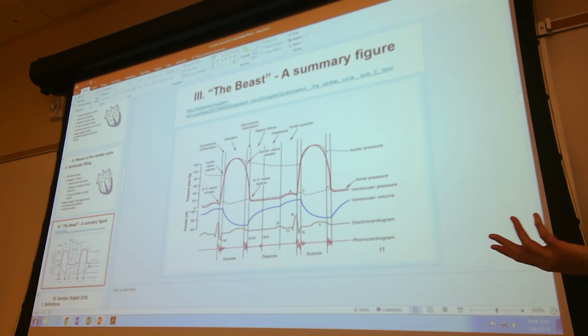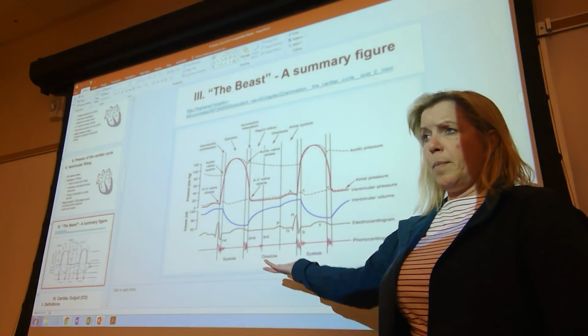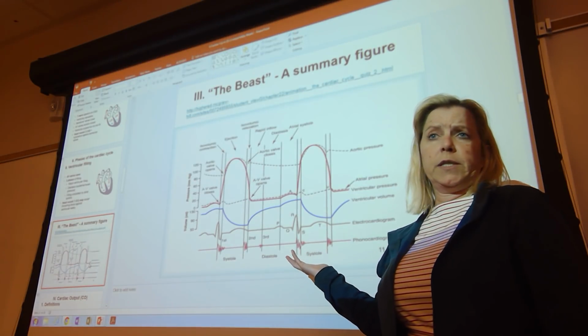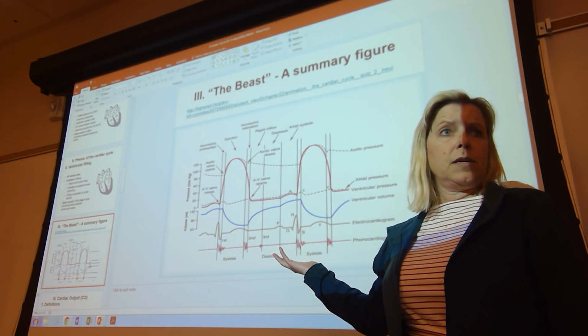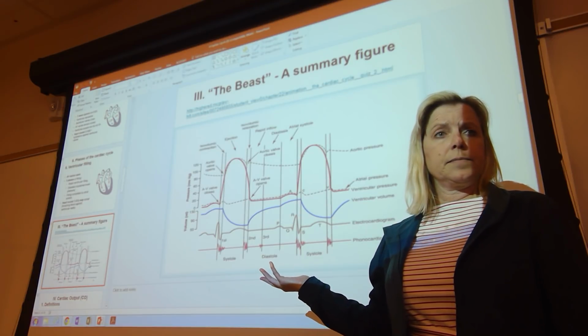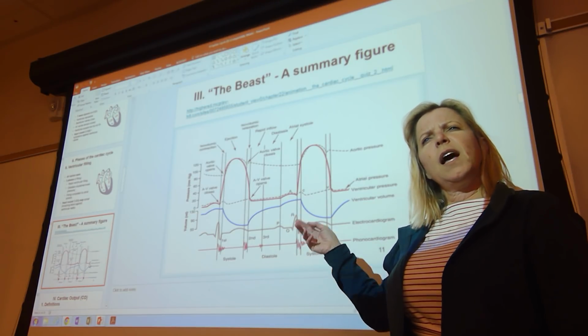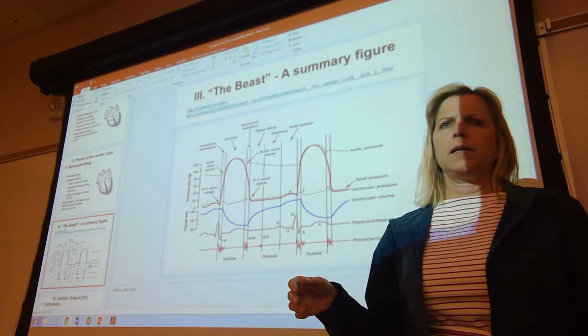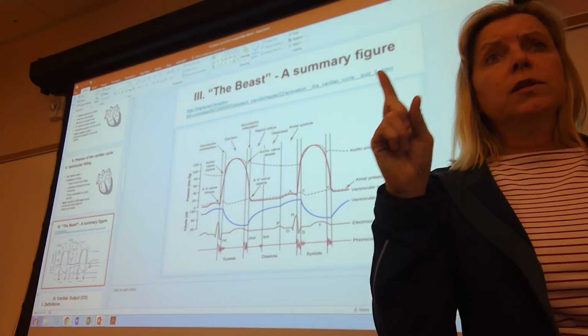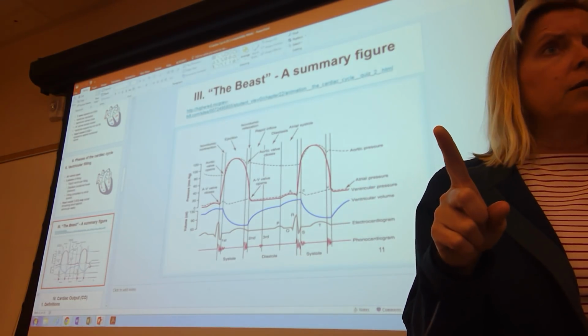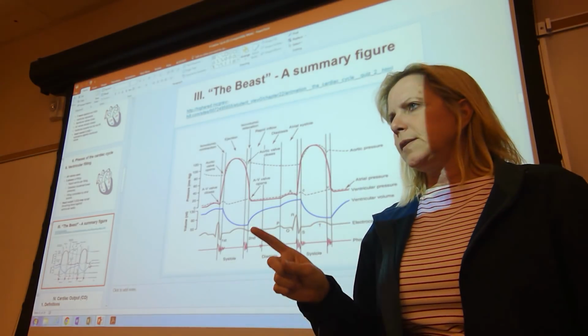And I think the beast is a one-stop shop for Unit 3. I mean, it's got everything there. And the reason why I said I think it's not organized right is because I said electrical events precede mechanical. Remember that? How many times have I said that to you?